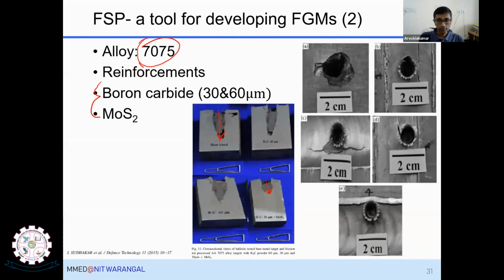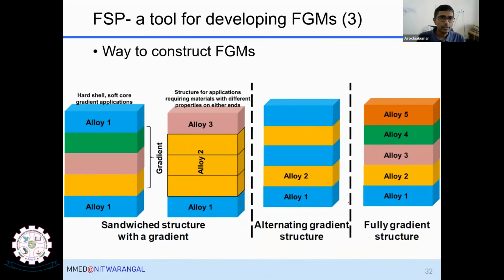And the hole generated in the base metal is very large, but in the FSP zone the hole is much smaller. So there are real success stories for developing functionally graded material through FSP.